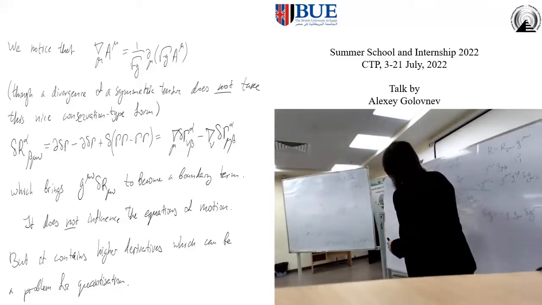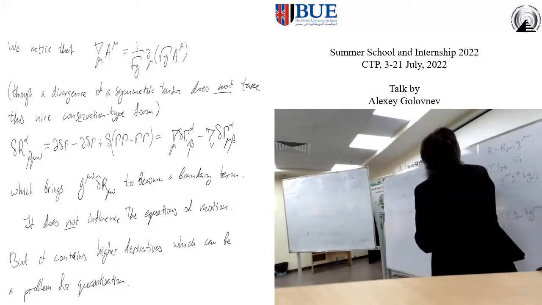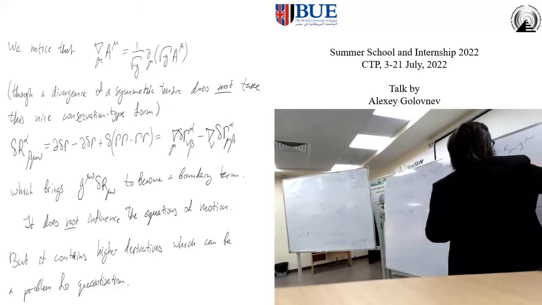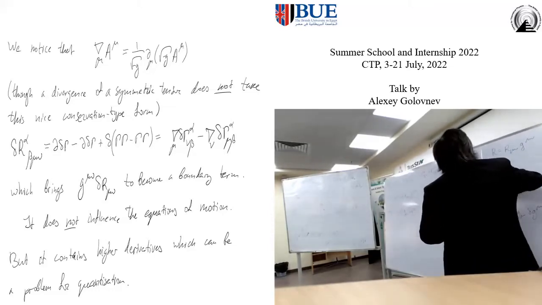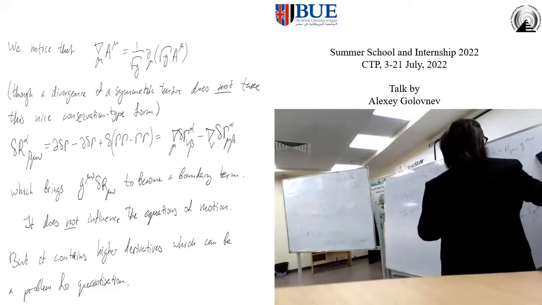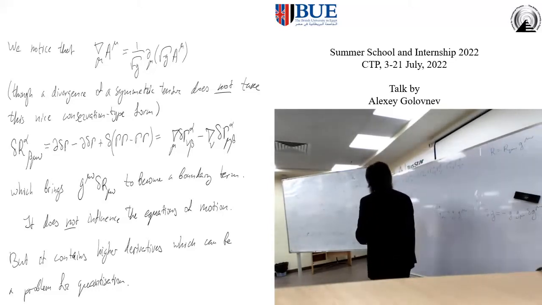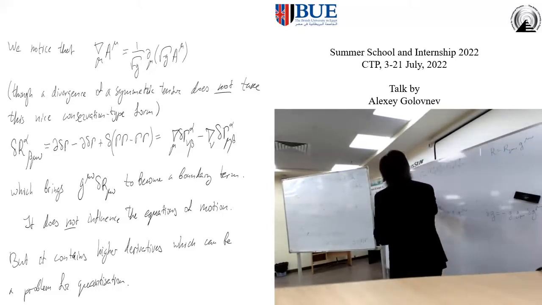And now I come back to this action. Let me see what I get from this variation. Let me try to do the variation of this action. And then what do I have here?